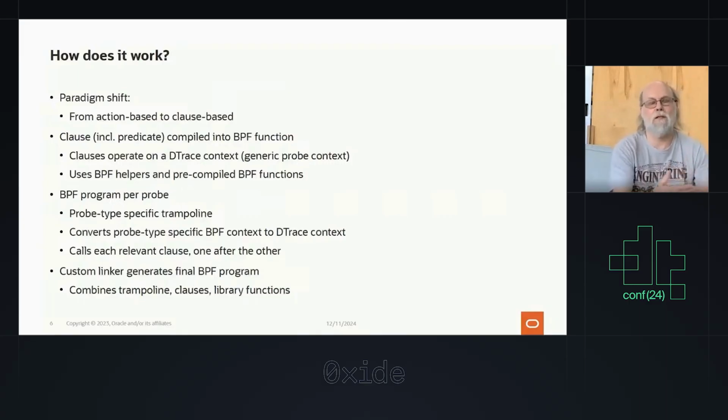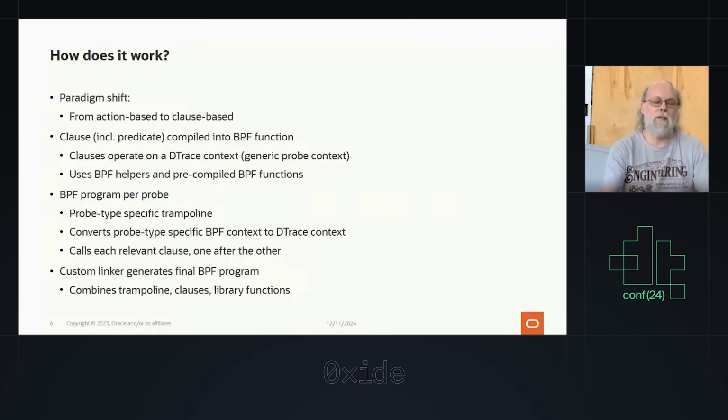The way the clauses in a script are compiled, code has been generated on a per-action basis. That doesn't work anymore. So we had to start thinking more on a clause basis, while still realizing in the back of our minds that we're dealing with dtrace, so you can't completely shift focus. But it made it possible to take an entire clause and compile it into what is essentially a BPF function.